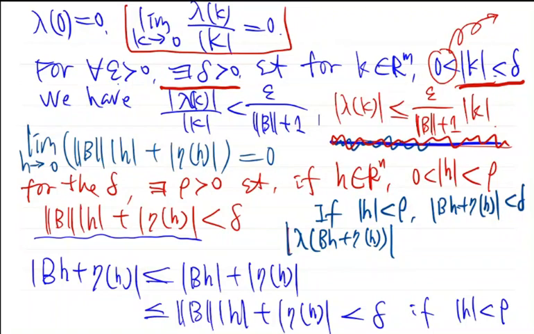will not be greater than epsilon, the norm of b plus 1, and the norm of bh plus eta h.